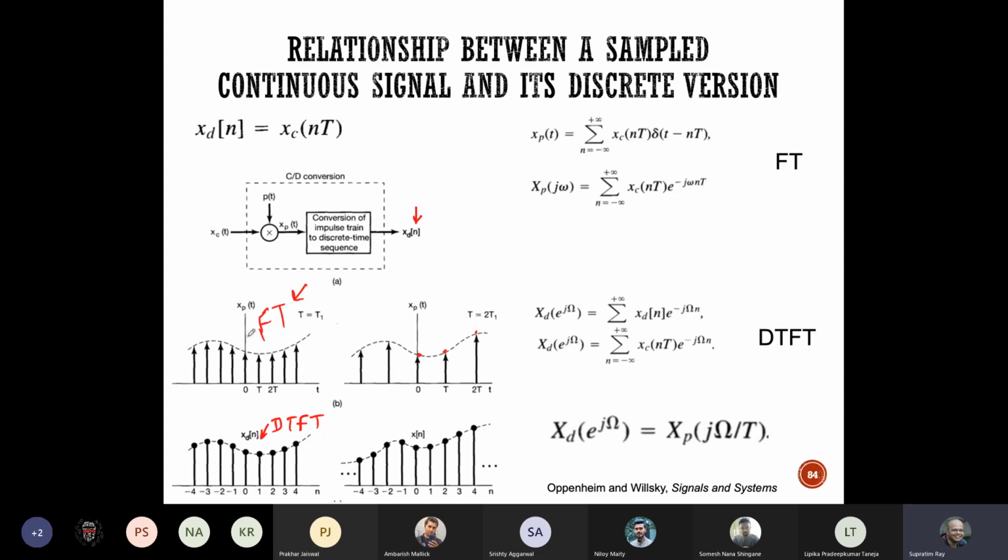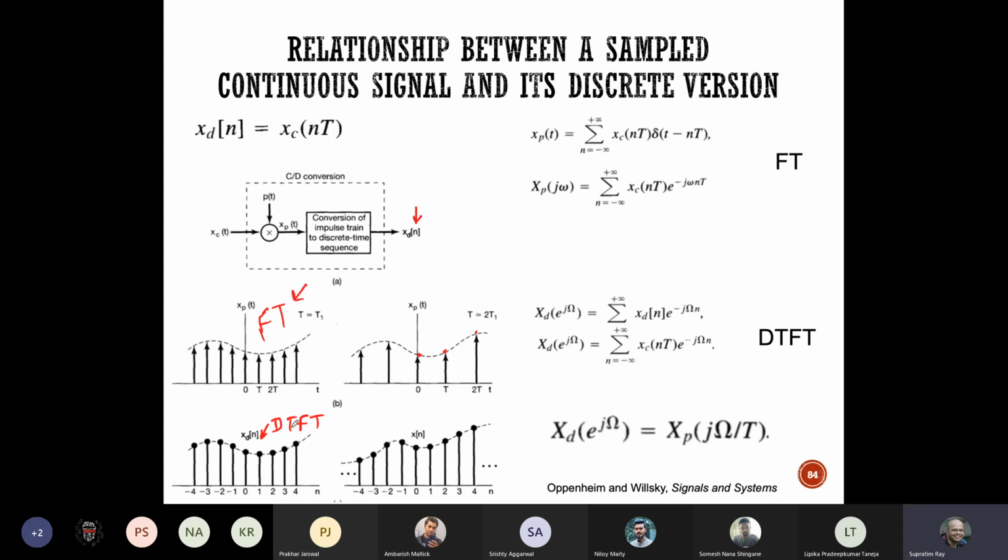I had these impulses as a function of time separated by T, and I took its Fourier transform. And here I have the same samples, but now the axis is n, not t. So what is the information that I have lost here?